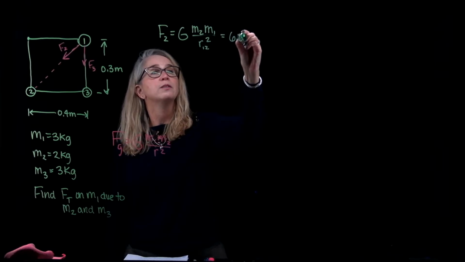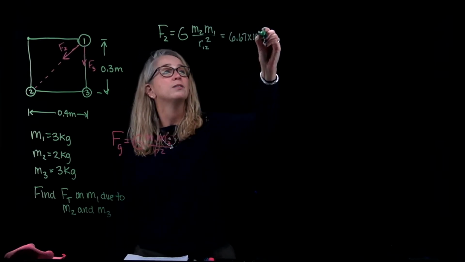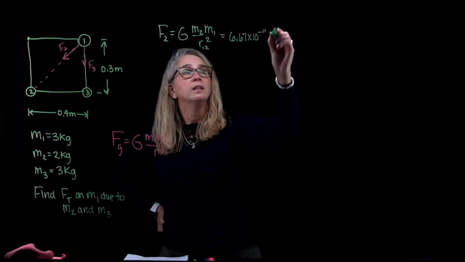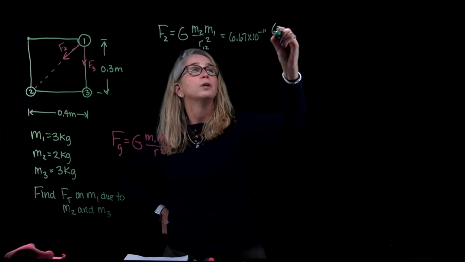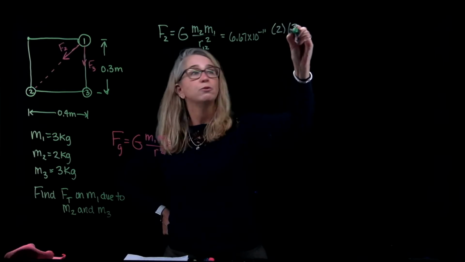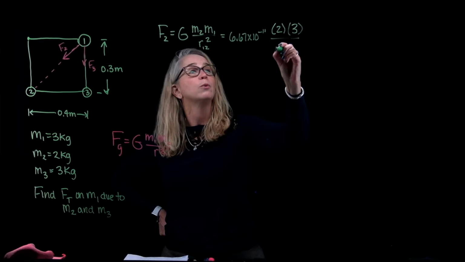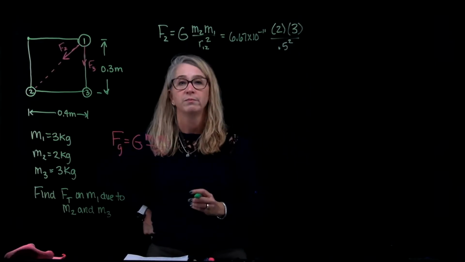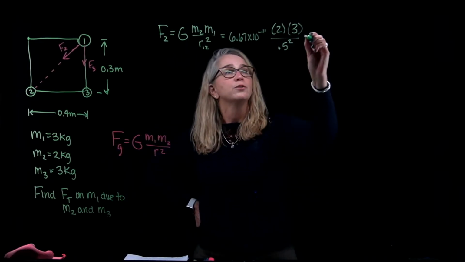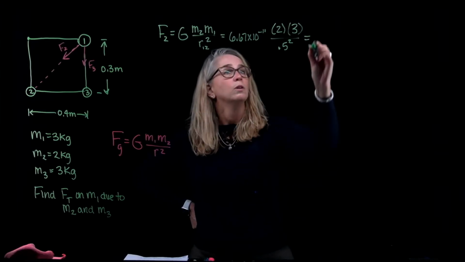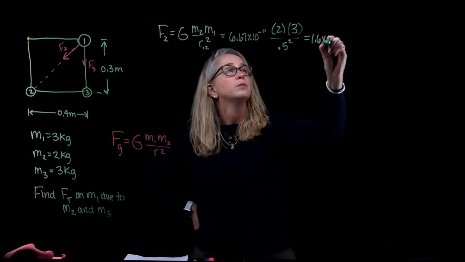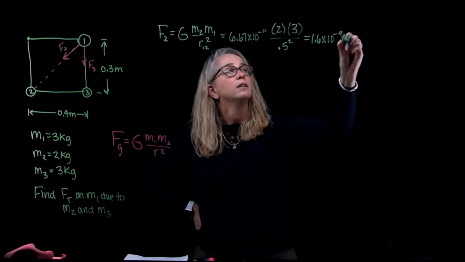So this is 6.67 times 10 to the minus 11, mass 2 is 2 kilograms, mass 1 is 3 kilograms, and the distance is 0.5 squared. The magnitude of this force is going to be 1.6 times 10 to the minus 9 newtons.